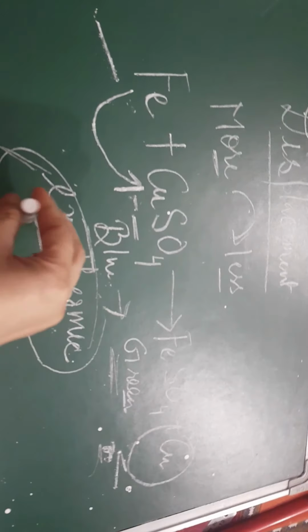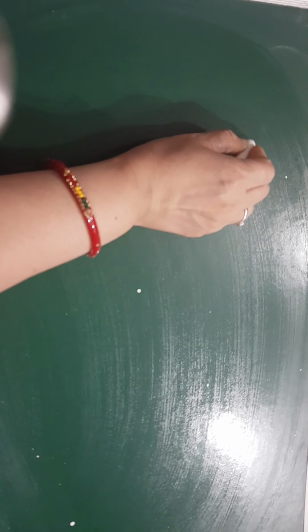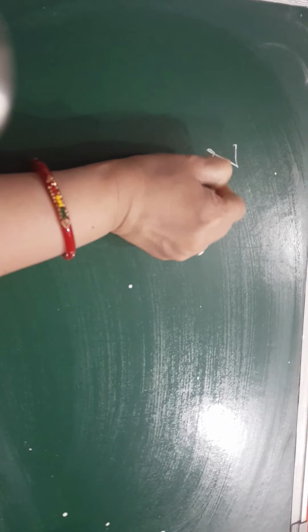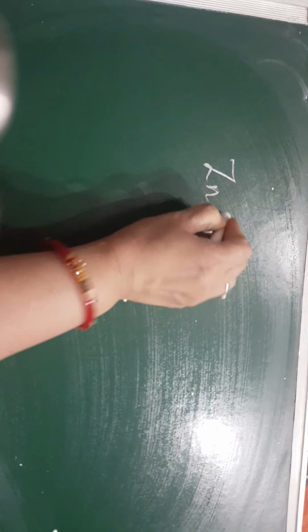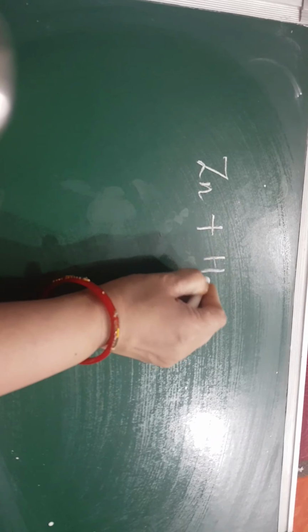Now I'll give you another example of displacement reaction, children. For example, reaction of metal with acid. During this reaction we can take zinc, Zn, plus H2SO4, sulfuric acid.